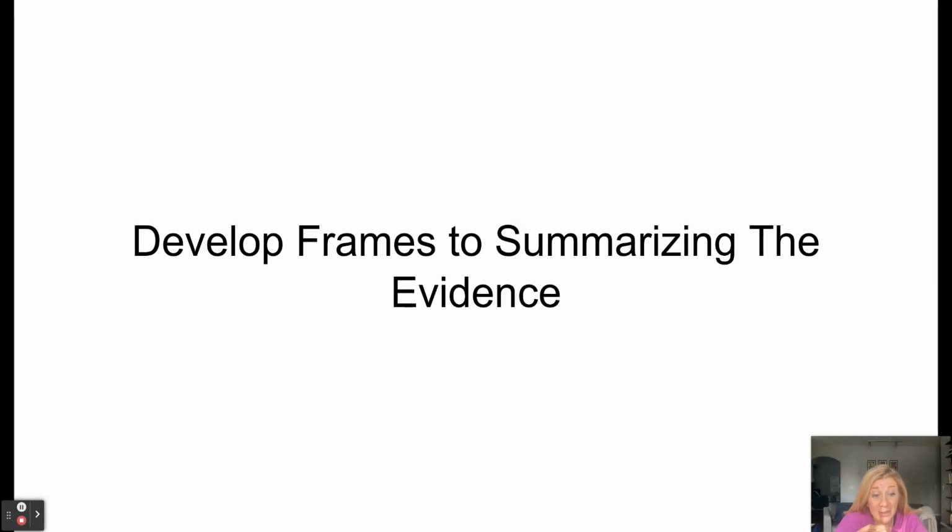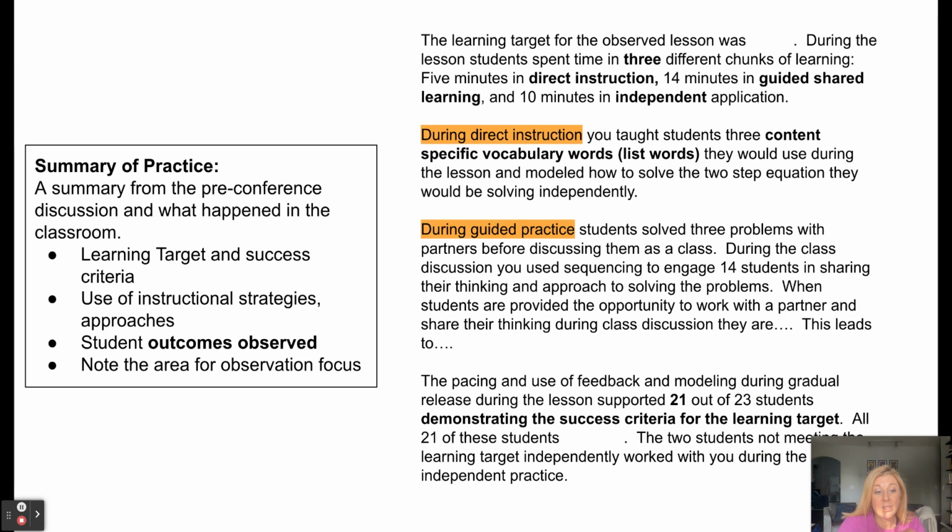I read that in some of your evaluations of components is feedback's awesome when it's timely. So you want to be able to provide evidence to a teacher, and you want that wrapped up as soon as possible. So the best way to do that is to develop frames that you can use.